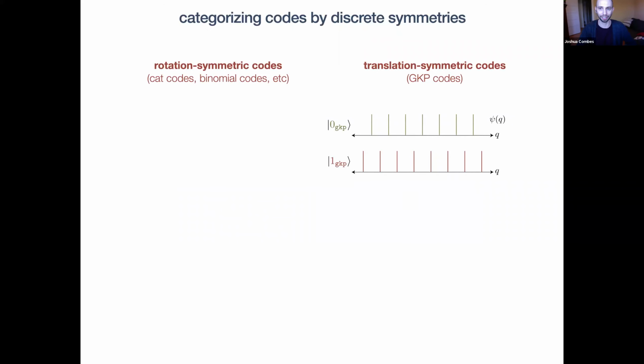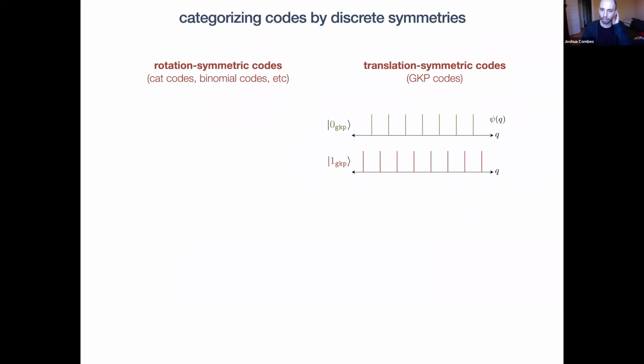So one possibility is to step back and look at phase space and codes in terms of discrete symmetries. Broadly speaking, there's 2 classes of codes that have 2 kinds of discrete symmetries. One is a translation symmetry in phase space, and another one is rotation symmetry in phase space.